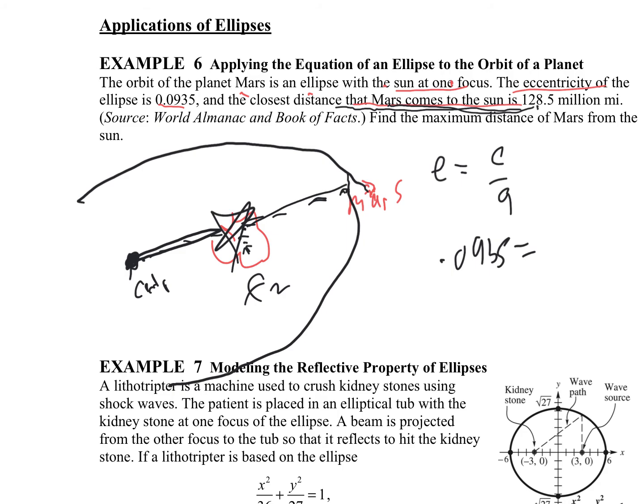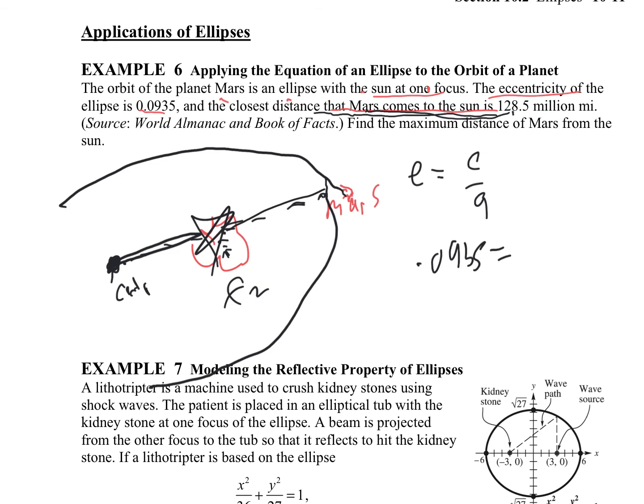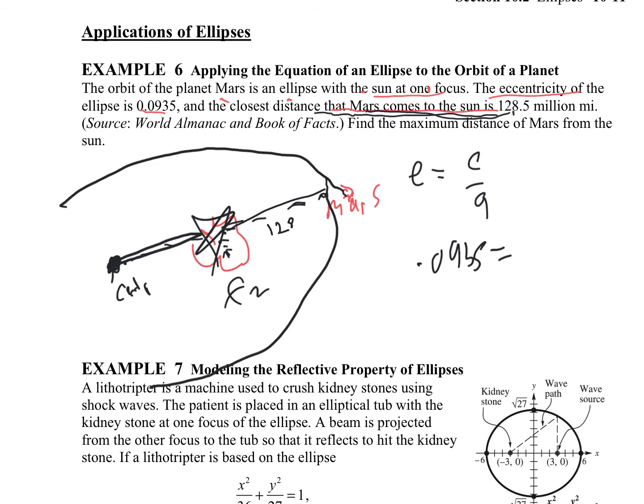That would be 128.5 million miles, that distance. So this total distance from the center is A, and then this is my C.